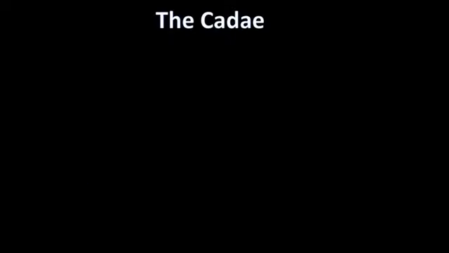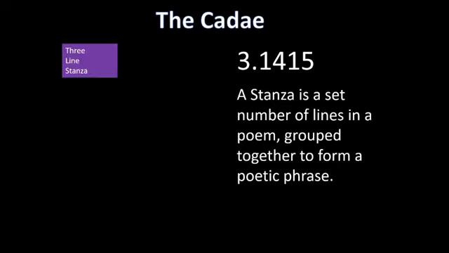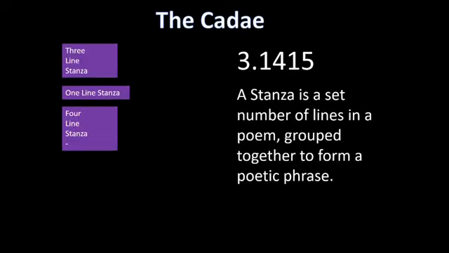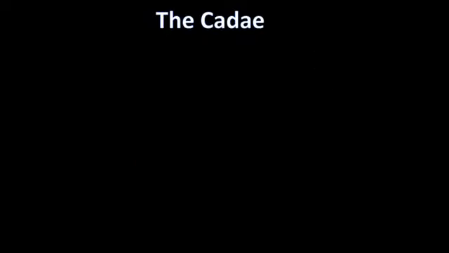The first way we use the number is to separate it into 5 stanzas, with the number of lines in each stanza corresponding to the first 5 digits of pi. So a 3-line stanza, a 1-line stanza, a 4-line stanza, another 1-line stanza, and a 5-line stanza, creating 14 total lines. The second way we use pi is that each line has the number of syllables that correspond to the digit.